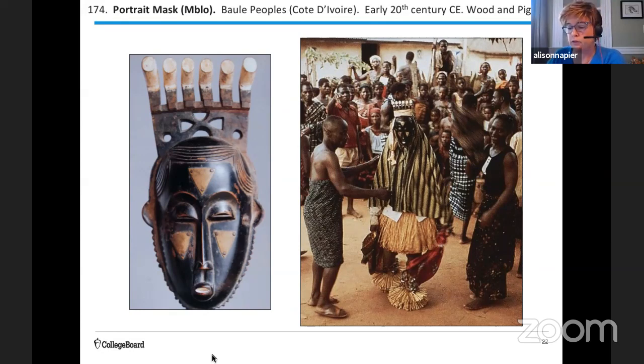So this is actually a portrait mask of an individual that is known. These masks represent honored individuals that are not always, but often female. Both females and males can be depicted, but again, it's more common to have a female subject matter. So you have a reference with these downcast eyes to this idealized state of beauty, wisdom, high moral status.